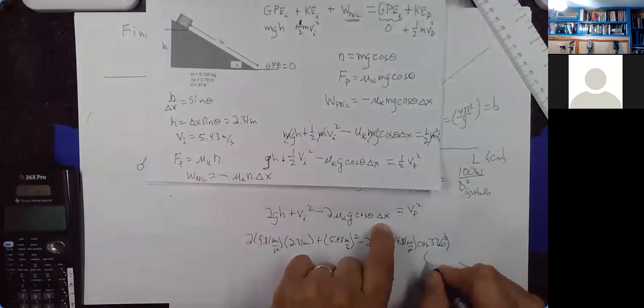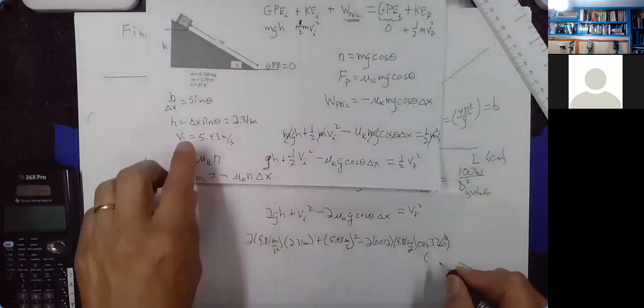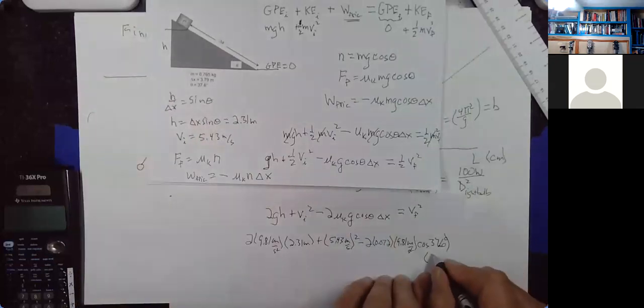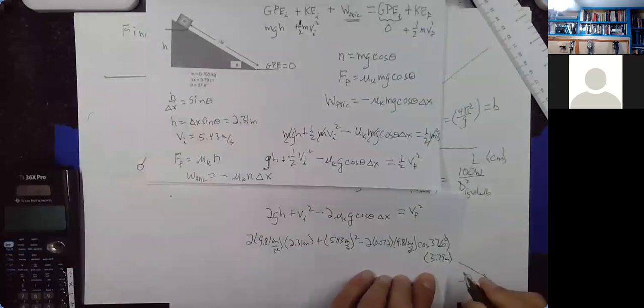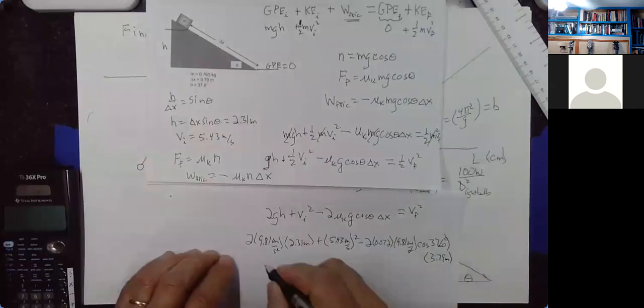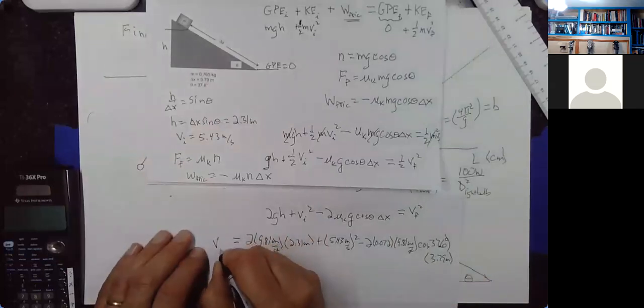I ran out of room. Delta x is the 3.79 meters. And then that's all equal to v final squared.